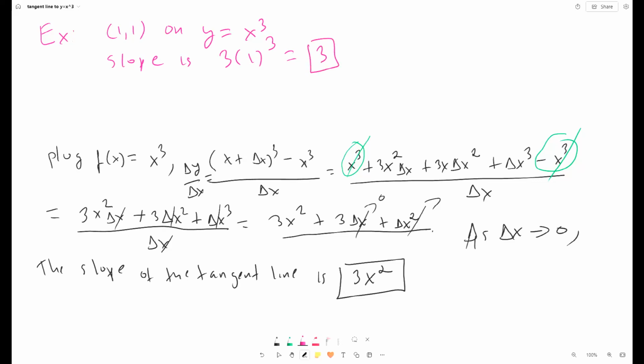And now we're gonna use the equation, the point-slope form equation: y minus y1 equal to m times x minus x1.